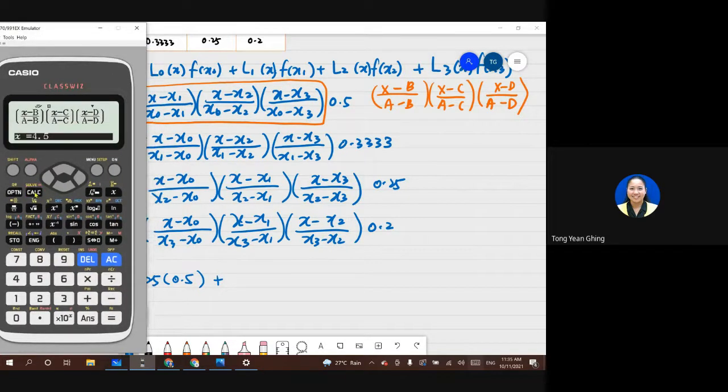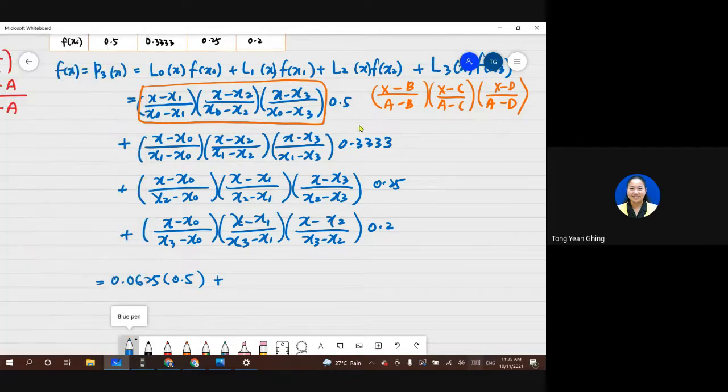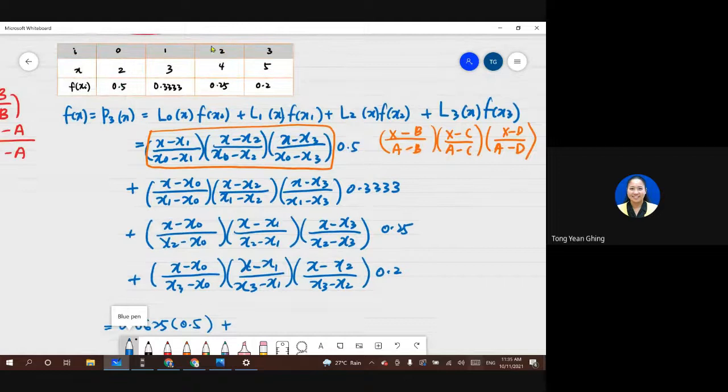So the next one I will use the same formula. So now x is still the same, 4.5. And then go down, b is here, x0 is 2. And then a is x1. x1 is 3. And then c is x2. x2 is 4.